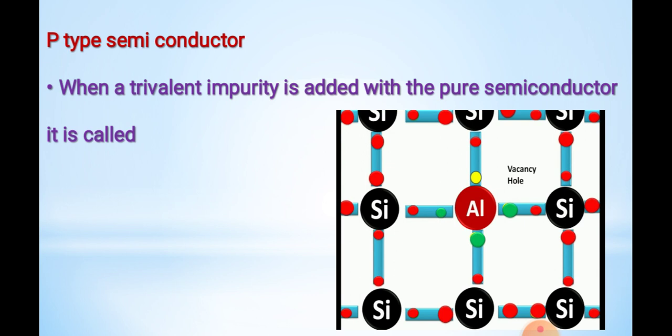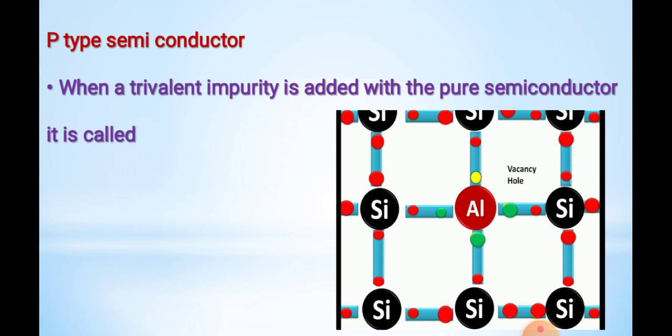When there is a vacancy, what will happen? Around the silicon atom, we have electrons, and that electron will try to come to this hole position. So there will be a movement of electrons towards the aluminium, and from the aluminium the holes move towards the silicon. So they move in opposite directions.